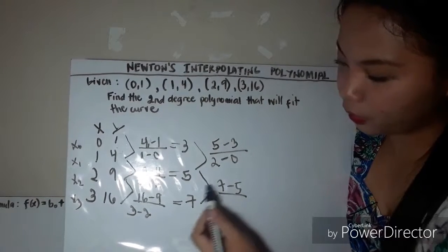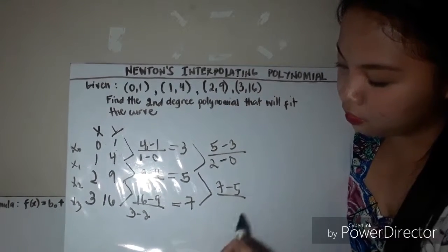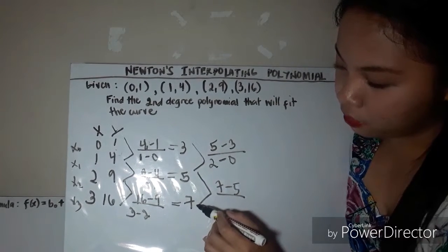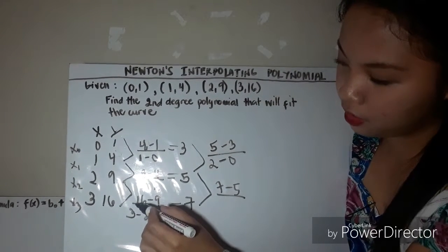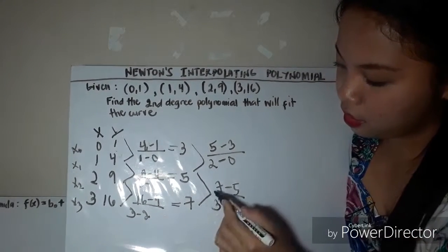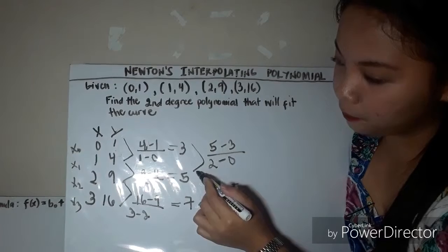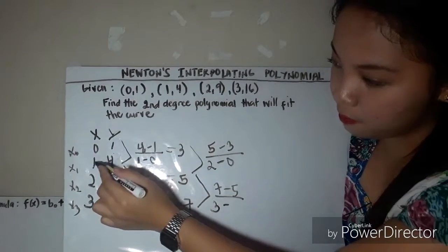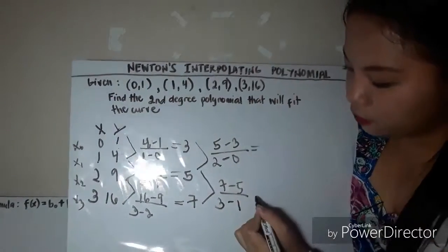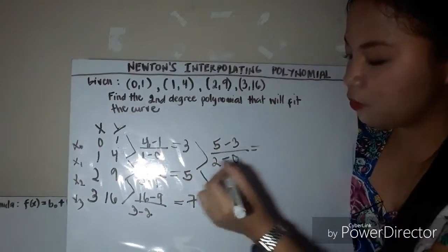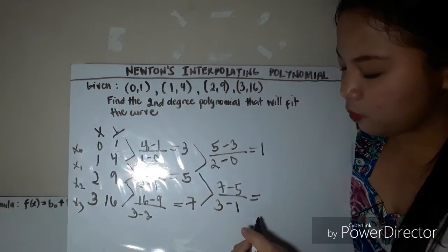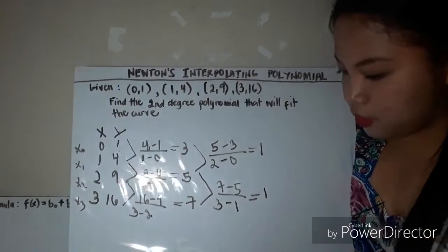Then to get this denominator, down, left, down, so 3, minus up, left, up, so 1. By calculating it, 5 minus 3 over 2 minus 0 is equal to 1, and 7 minus 5 over 3 minus 1 is equal to 1.